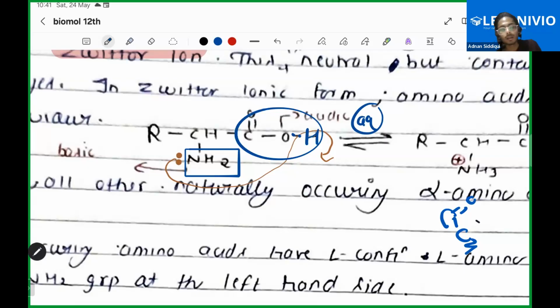The acid donates H positive, and the base accepts H positive. We talked about Lewis acid and Lewis base in coordination chemistry. So what is the work of an acid? Acid donates H positive and base accepts H positive.